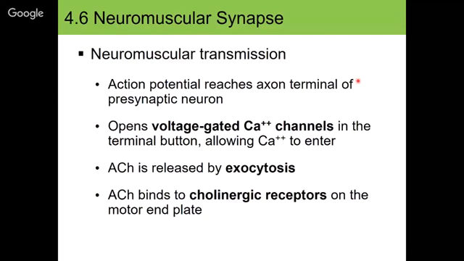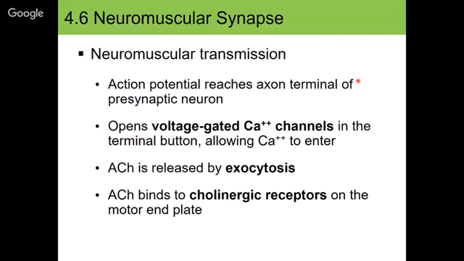So the ACh molecules are released out of the presynaptic neuron, and they cross that little synaptic cleft, very similar to the neuron-to-neuron connection.